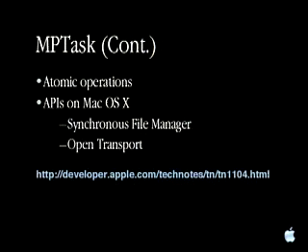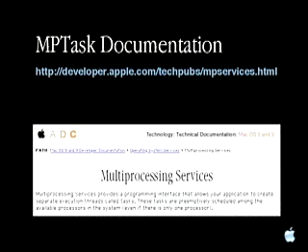But in general, that will give you a background on what we're doing with the MP task APIs and some examples of the thread-safe services that you can use in Carbon. The documentation specifically for the multiprocessing services is on developer.apple.com, TechPubs, MP services. And all these documents are being evolved to reflect what the current Carbon API is.